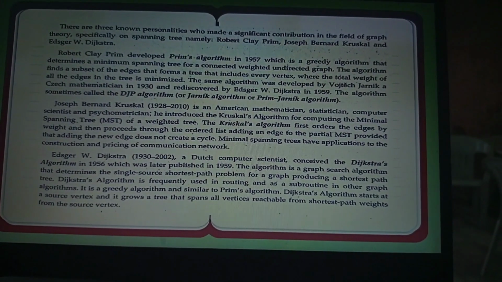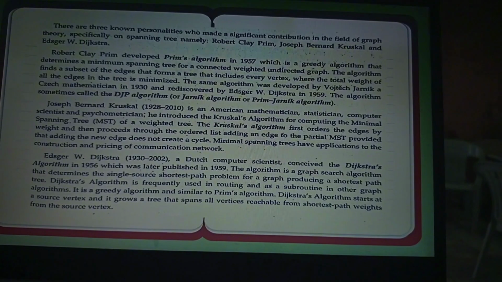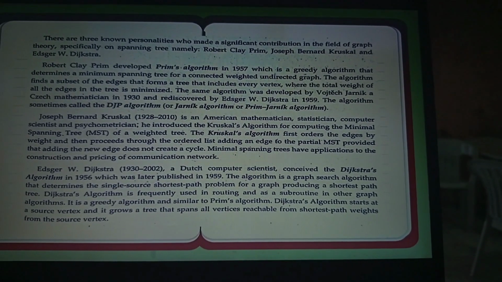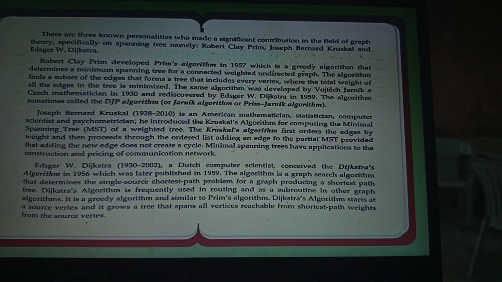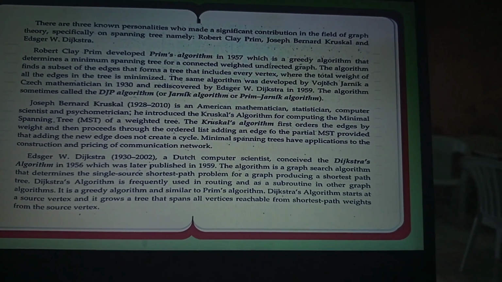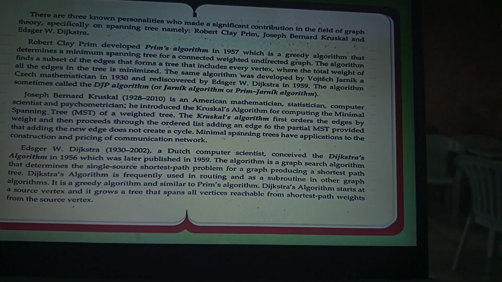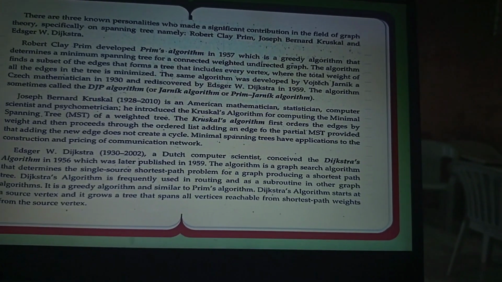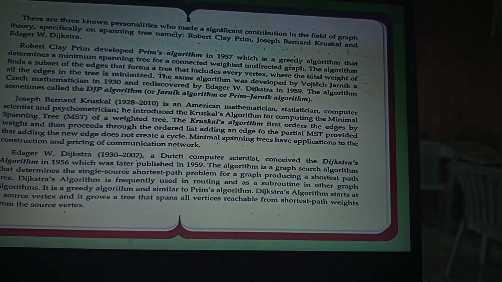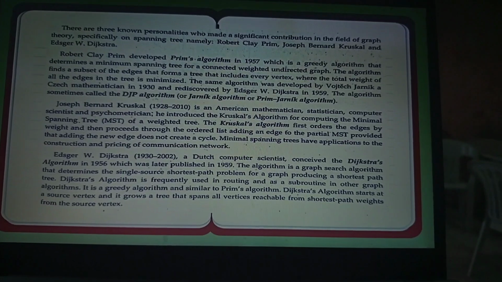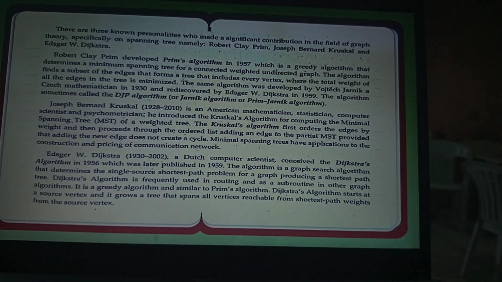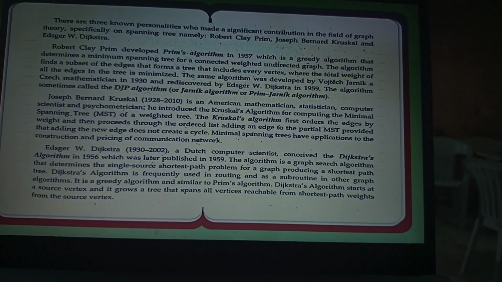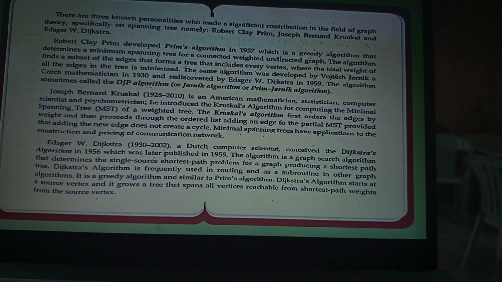And last but not the least, Edsger W. Dijkstra, 1930 to 2002, a Dutch computer scientist, conceived Dijkstra's algorithm in 1956, which was later published in 1959. The algorithm is a graph search algorithm that solves the single source shortest path problem for a graph, producing a shortest path tree.